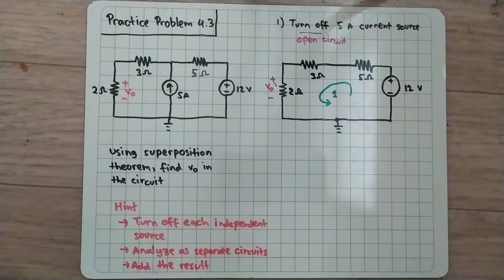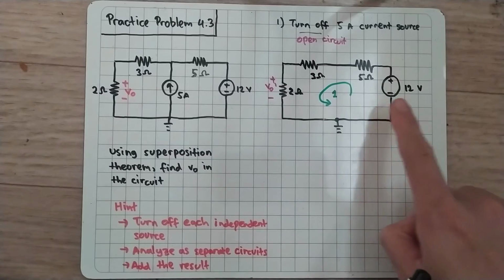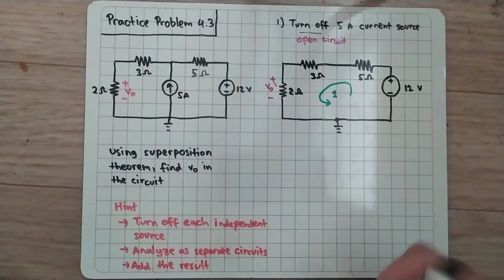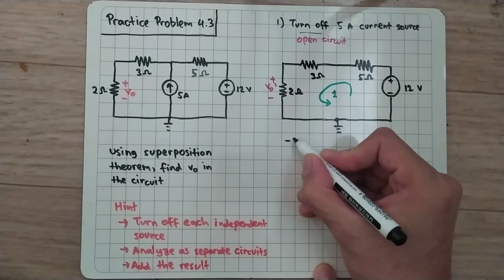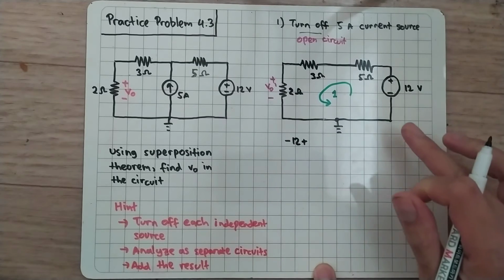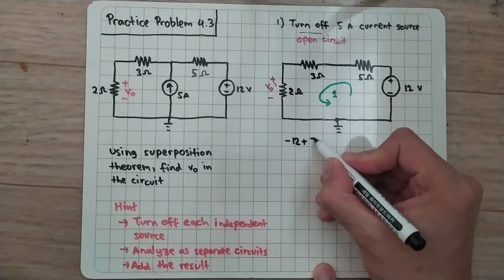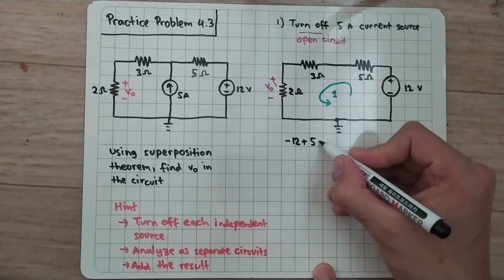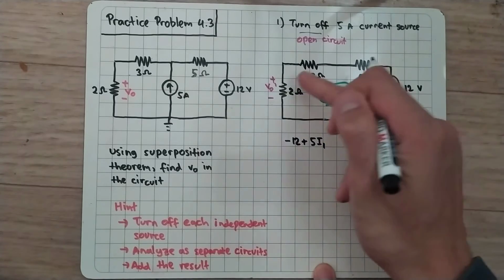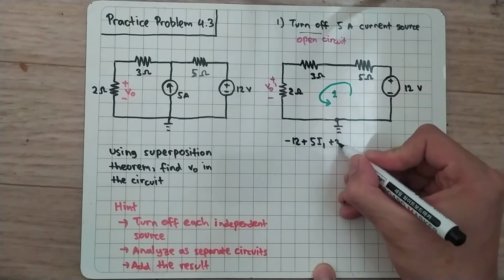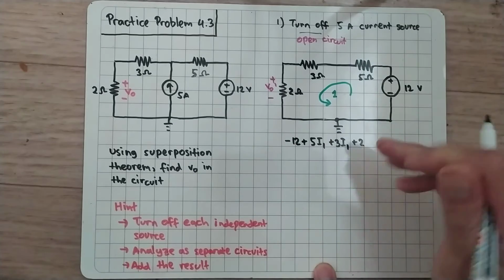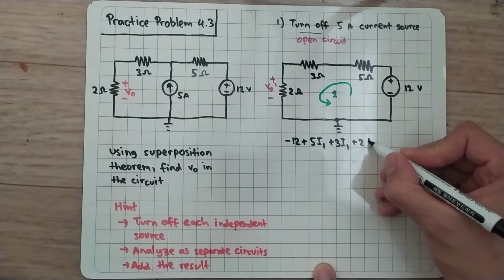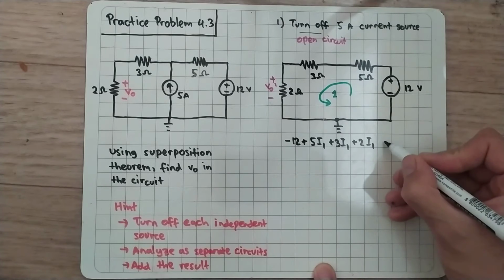I will start from this voltage source, and the current is flowing from negative to positive, so I will have minus 12 plus 5 of I1, plus 3 of I1, plus 2 of I1, and that's all equal to 0.